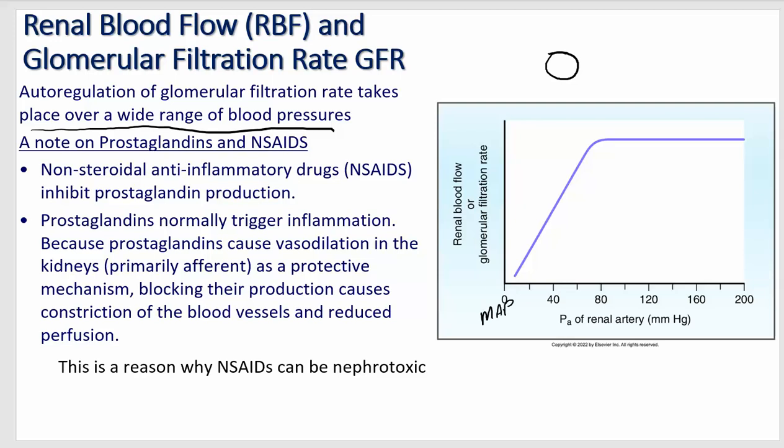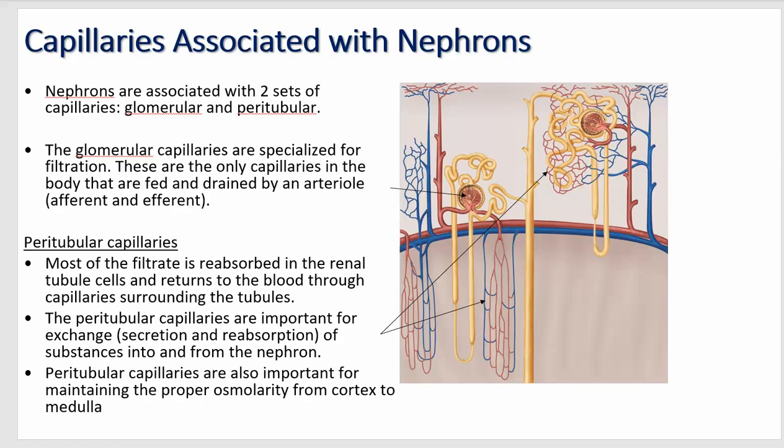In a healthy person, no big deal, but overuse or chronic use can start to cause kidney problems and bleeding problems. So NSAIDs are fine in moderation, like everything, but that's why NSAIDs can be nephrotoxic.